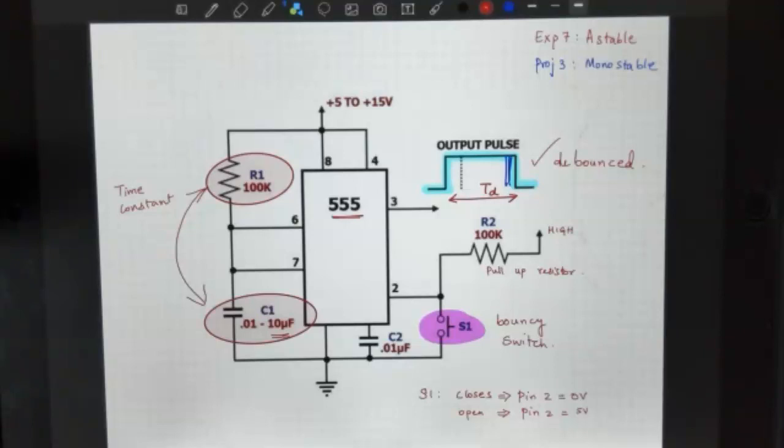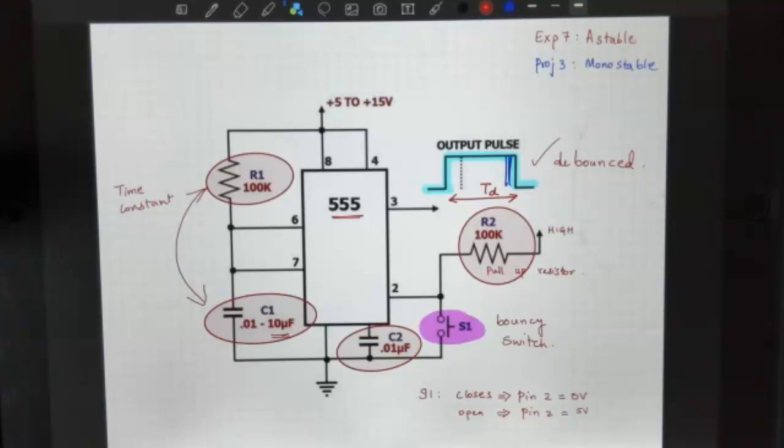It's 1 microfarad, and that is a pull-up resistor, so a 100K resistor. And this is the control pin, pin number 5. As before, we are not using that to control the voltage. We are just fixing it to a constant, and C2 goes to ground with a very small capacitor there.